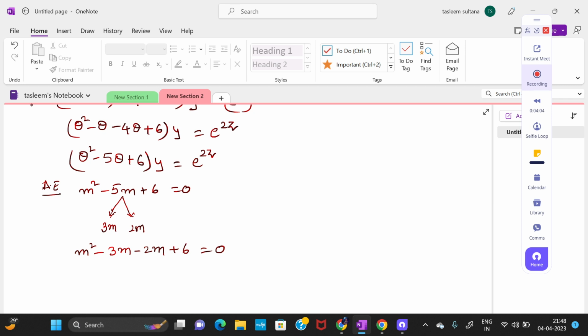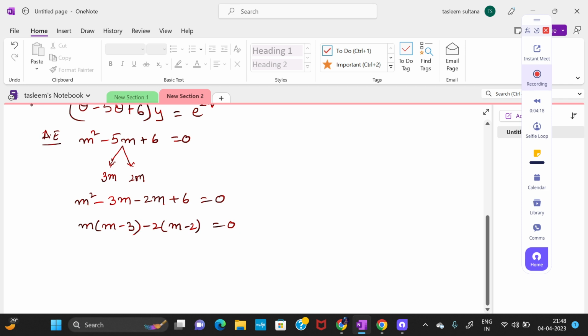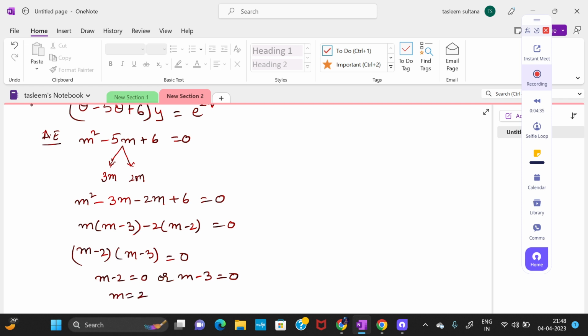From the first two terms, m is common: m of m minus 3, then from the other two, minus 2 is common: m minus 3. So m minus 2 times m minus 3 equals 0. m minus 2 equals 0 or m minus 3 equals 0, so m equals 2, m equals 3.